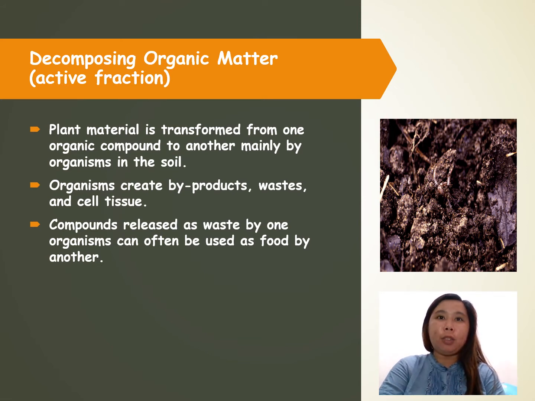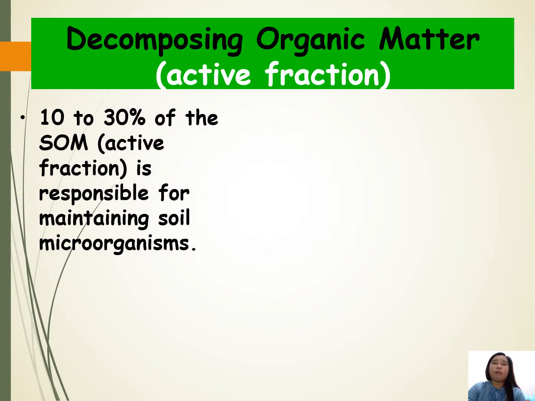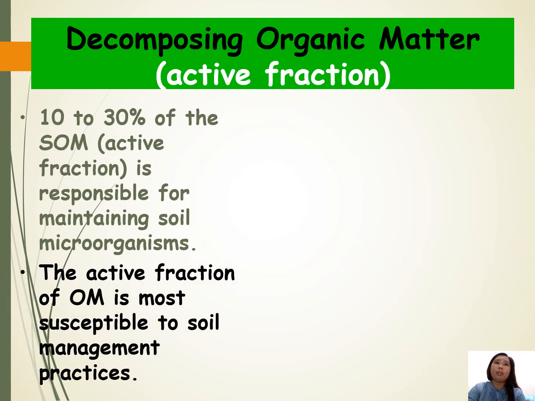The compounds released as waste by one organism can often be used as food by another. 10 to 30% of the soil organic matter, which is the active fraction, is responsible for maintaining the soil organisms or soil microorganisms. And it is most susceptible to soil management practices.